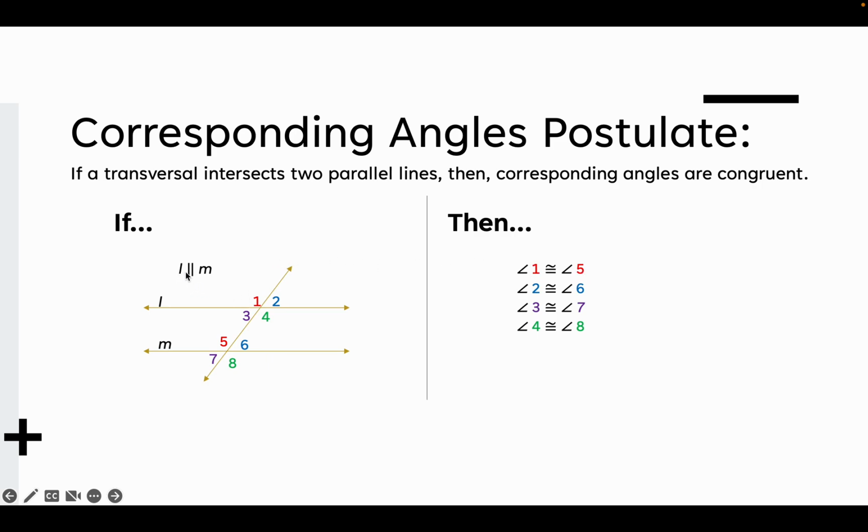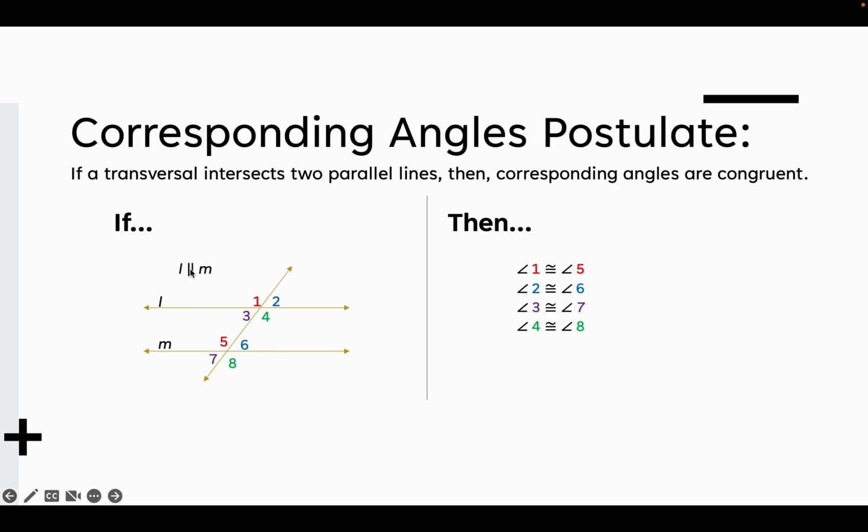So if L is parallel to M, then angle 1, for example, and angle 5, because they're corresponding, are congruent. You can see angle 2 is congruent to angle 6. Here's angle 2, and it is congruent to angle 6. They're the same.